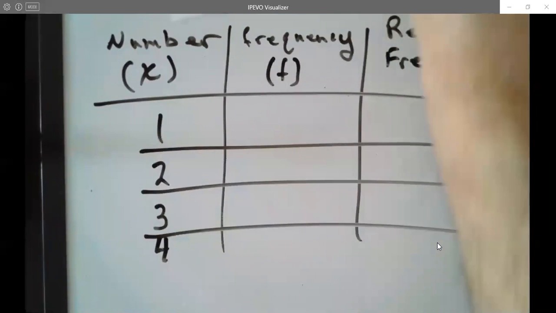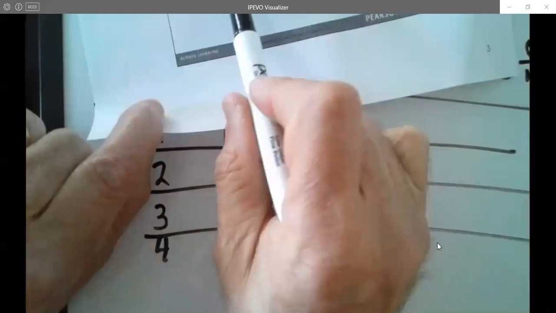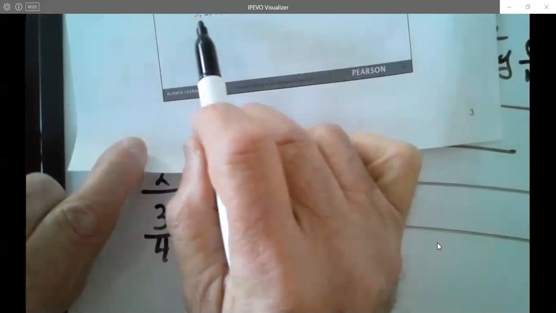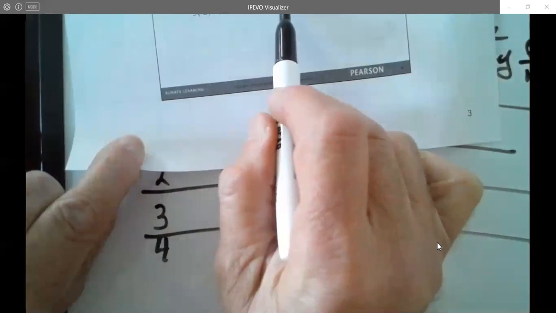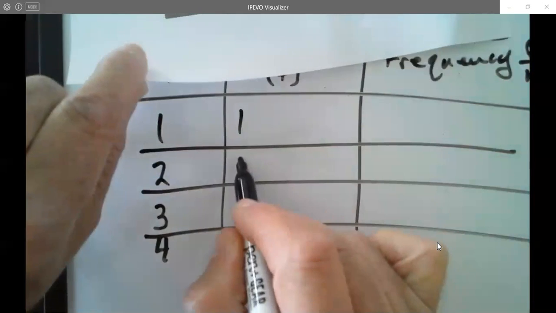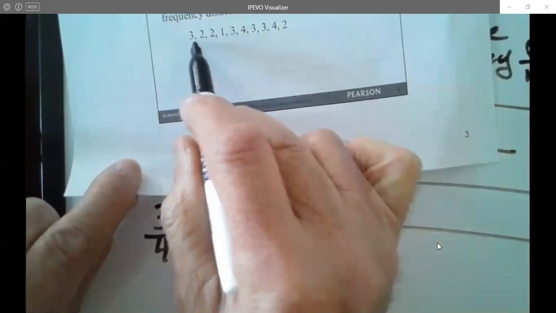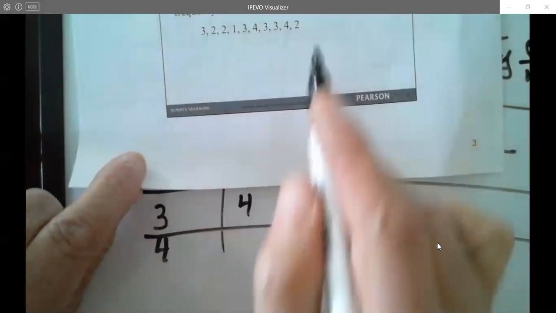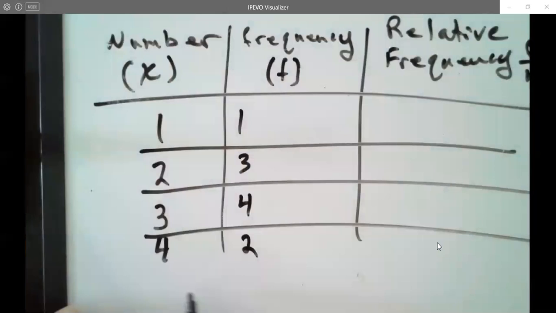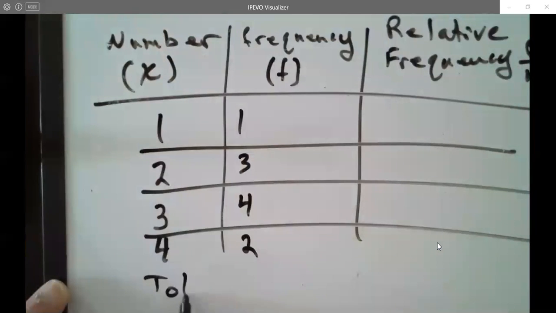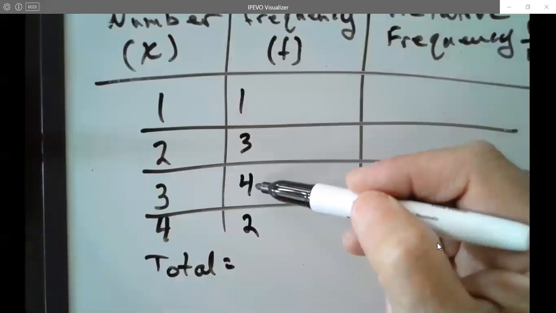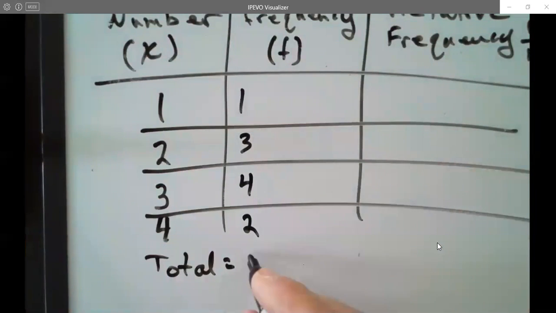For one sibling, we've got 1. For 2 siblings, we've got 3. For 3 siblings, we've got 4. And for 4 siblings, we've only got 2. So we just add them up: 1 and 3 is 4, 4 and 4 is 8, 8 and 2 is 10. So it's a total of 10.